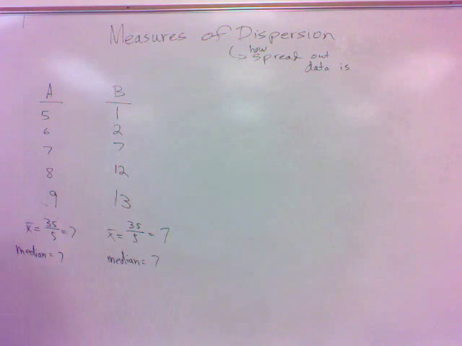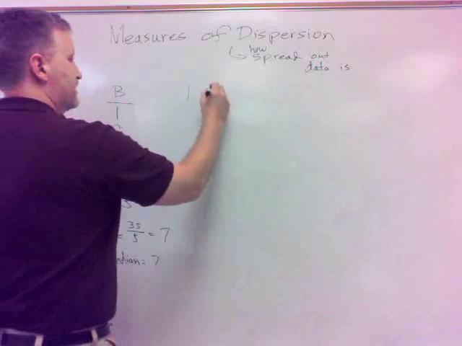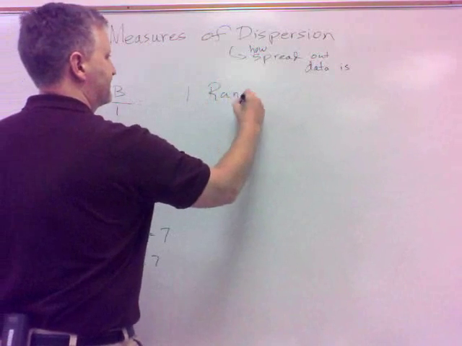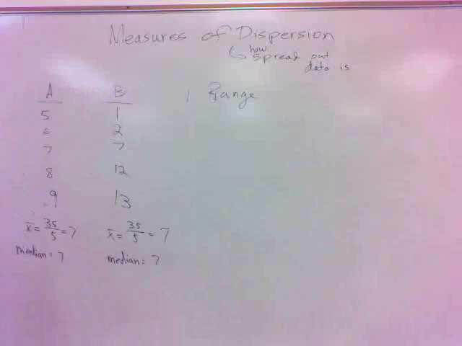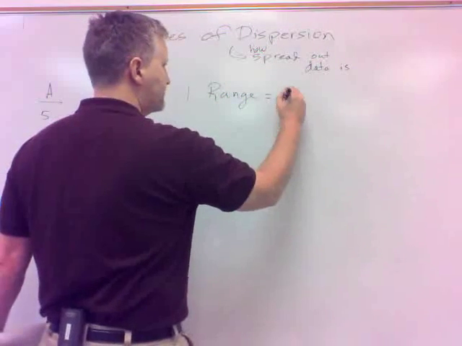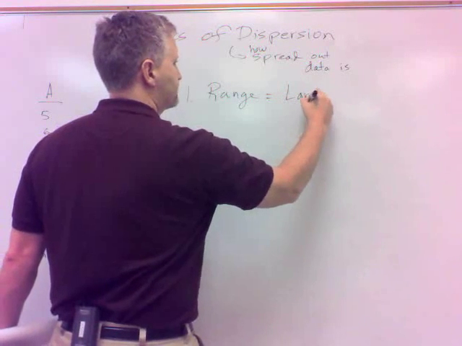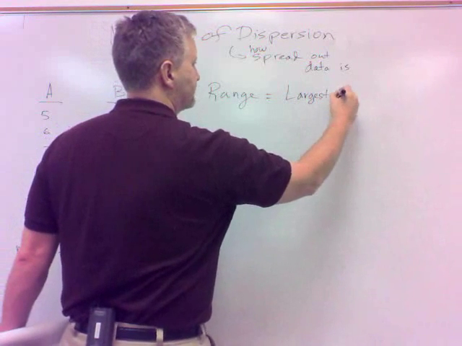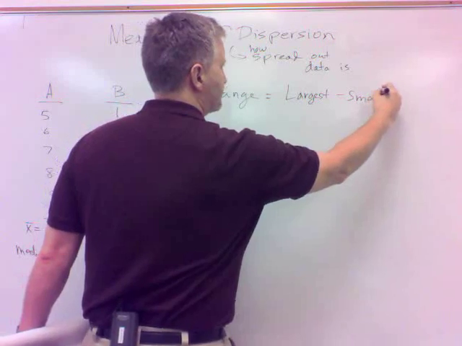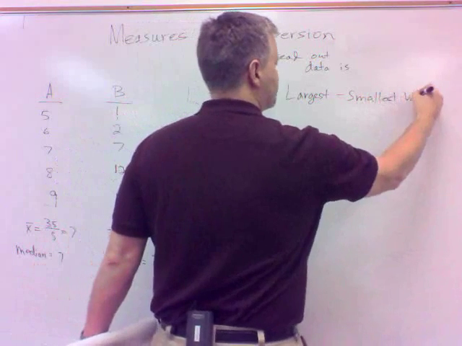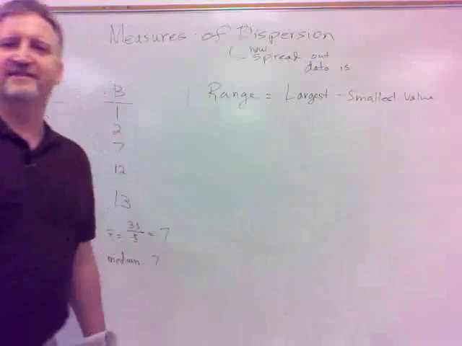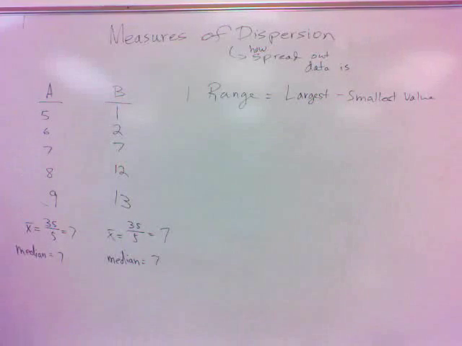Okay, the first one is the range. It's the easiest one, kind of like the mode. The range is just take the largest minus the smallest value. That's pretty easy.